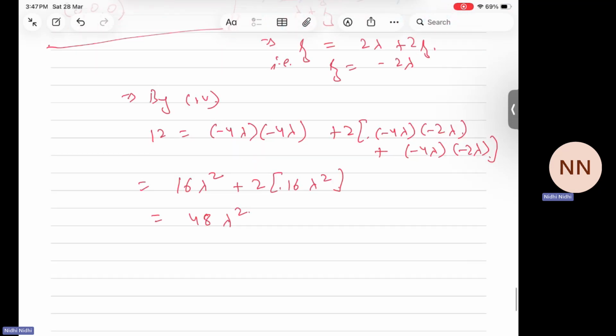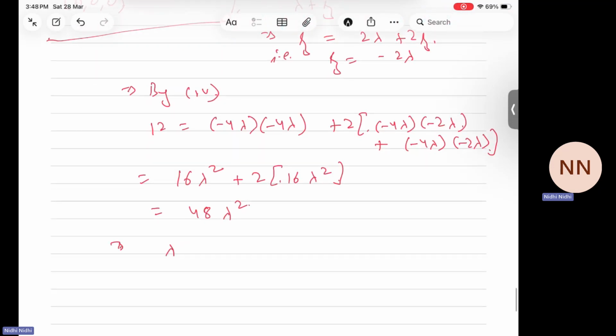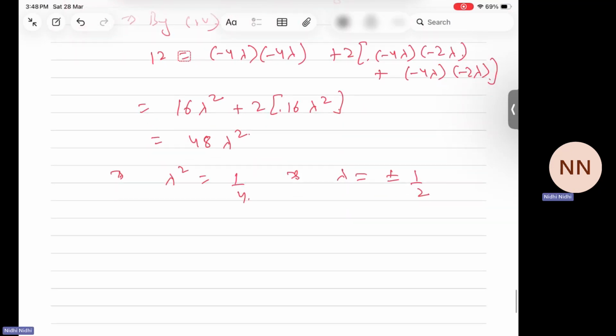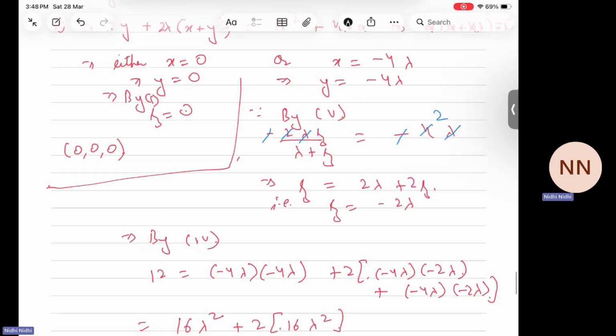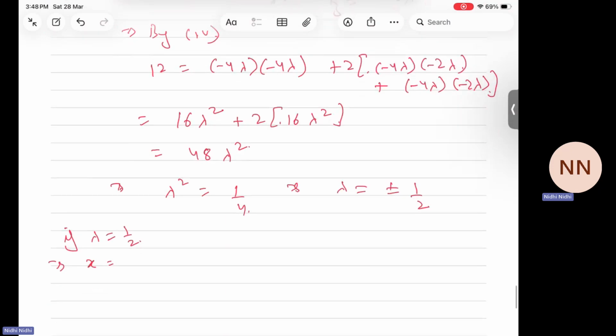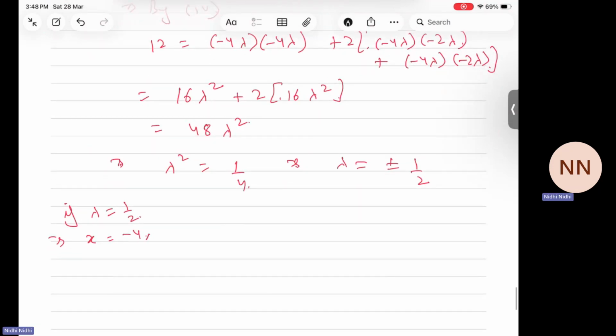And on the left hand side we had 12. That means lambda square is equal to 1 by 4, so lambda is plus minus 1 by 2. If lambda is 1 by 2, in that case x was minus 4 lambda, so minus 4 times 1 by 2, minus 2.